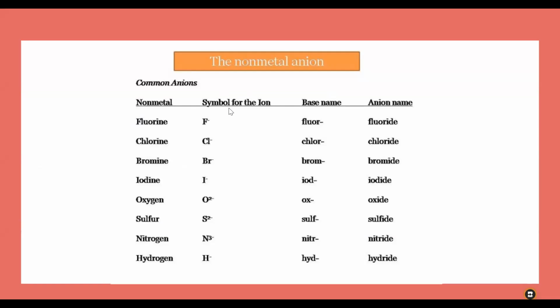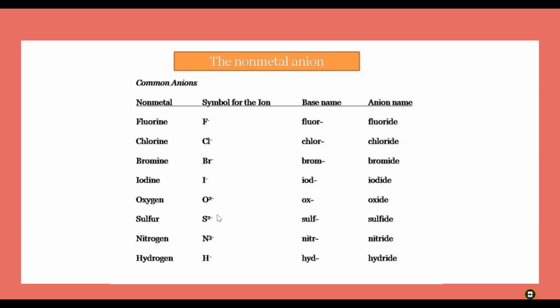Because when you have a compound, the compound is made up of a cation and an anion. Okay? Chloride is an anion. You look it up here, the symbol for chloride. This is the symbol for chloride. Oxide, this is the symbol for oxide.